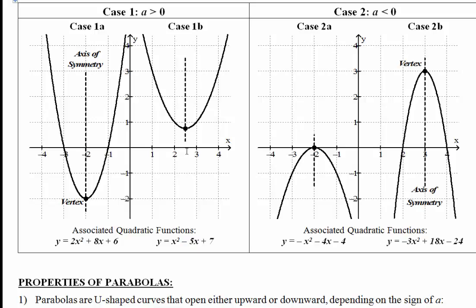If I were to graph x equals 2.5, I'd have an imaginary dotted line, and it splits my parabola in half. So notice all of these imaginary dotted lines split your parabola in half, and that is the axis of symmetry. And remember, the line's imaginary. We're drawing the dotted line, but it's really an imaginary dotted line.